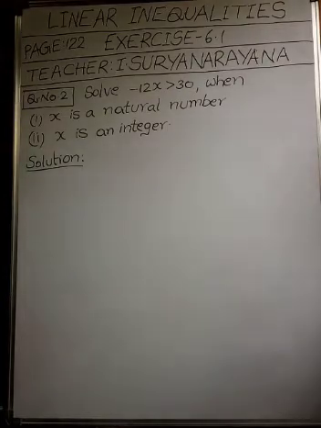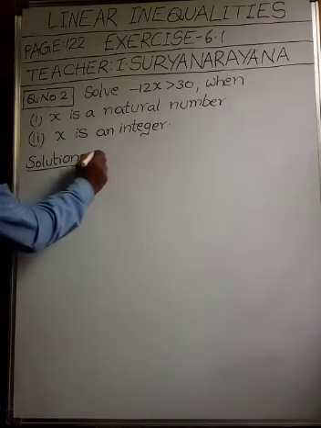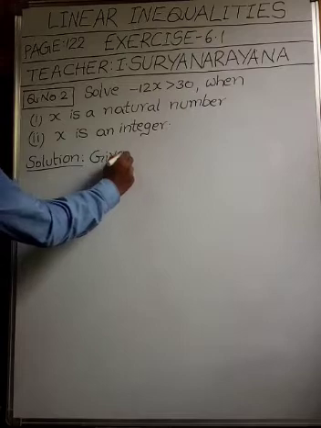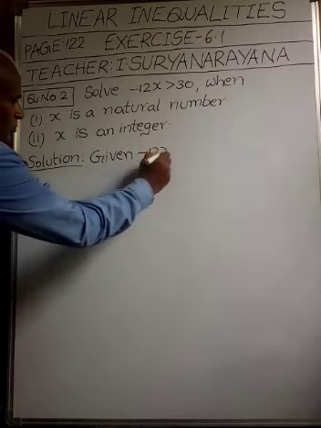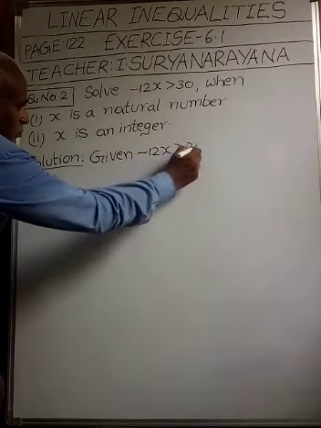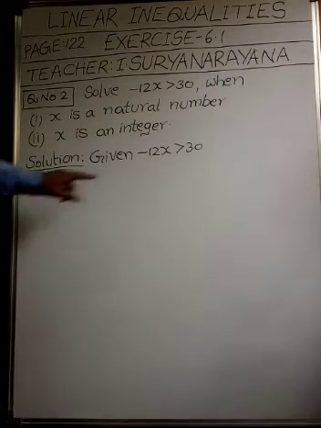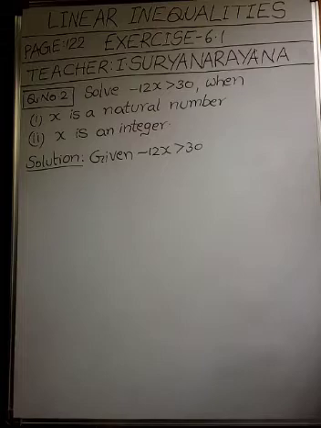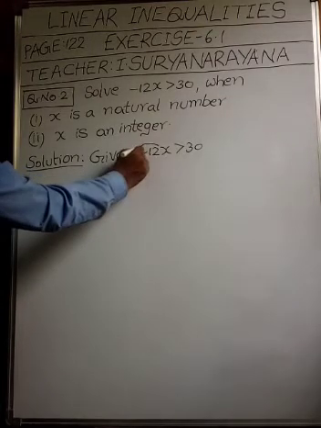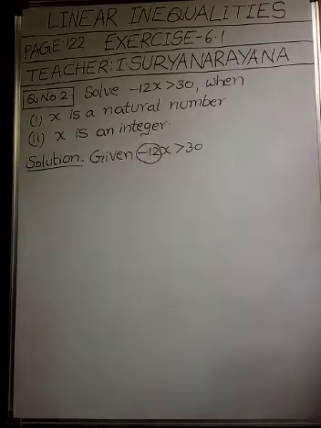What is the given inequality? Right. We write that given inequality. Given -12x greater than 30. Okay, my children, we have written the given inequality. Now, if you observe, what is the x coefficient here? -12. We have to transpose -12 to the RHS.